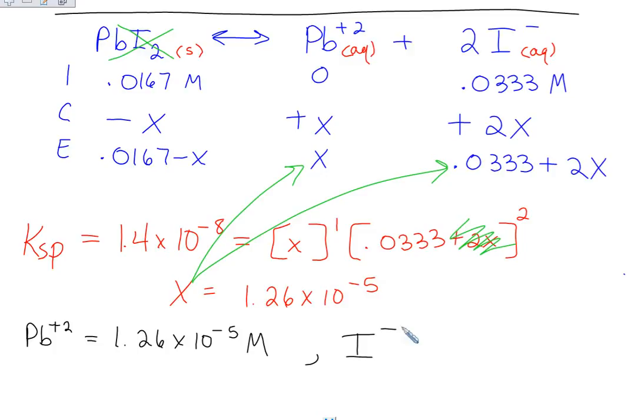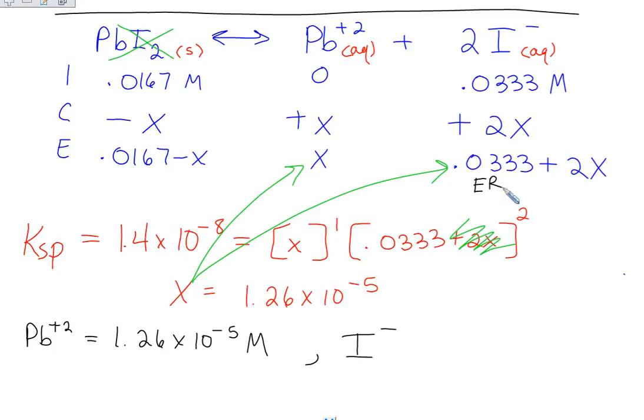If I plug that x value in, originally I had 0.0333 moles. I'm going to get a little more. This 0.0333, that's from it being the excess reactant. There was just excess iodine in the original solution, but we're going to get a little bit more iodine from the dissociation of the lead iodide. I mean, it's tiny.